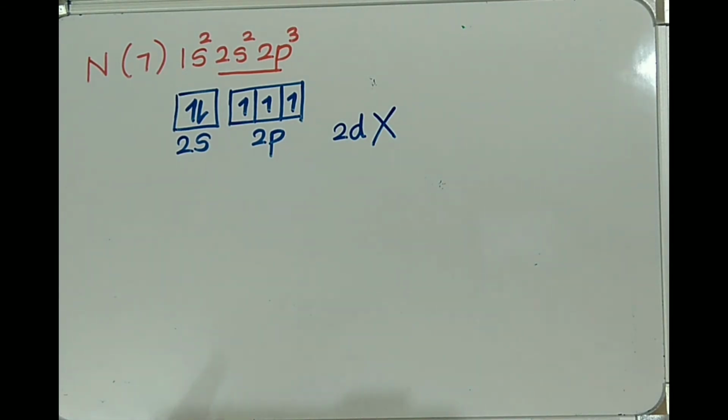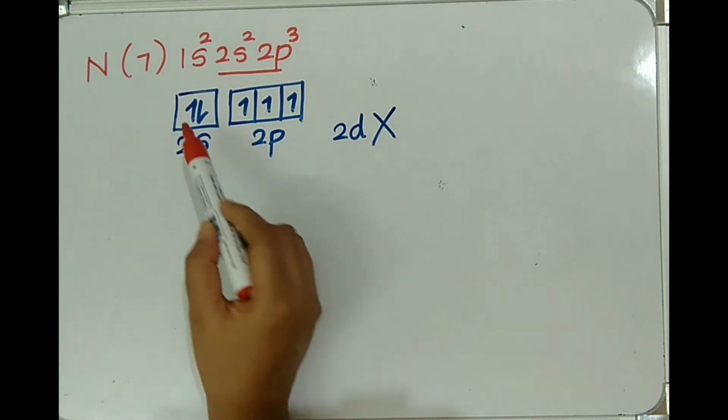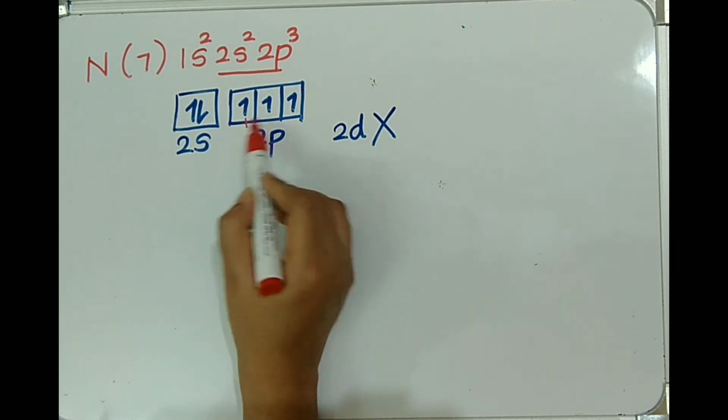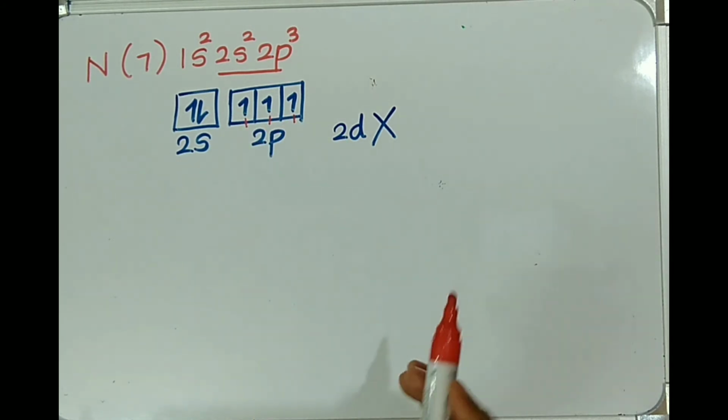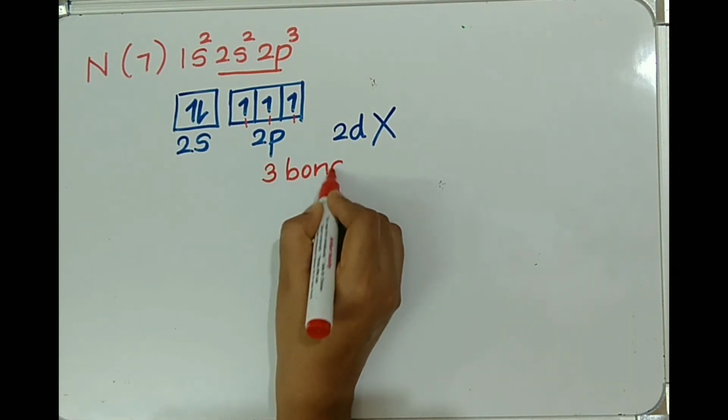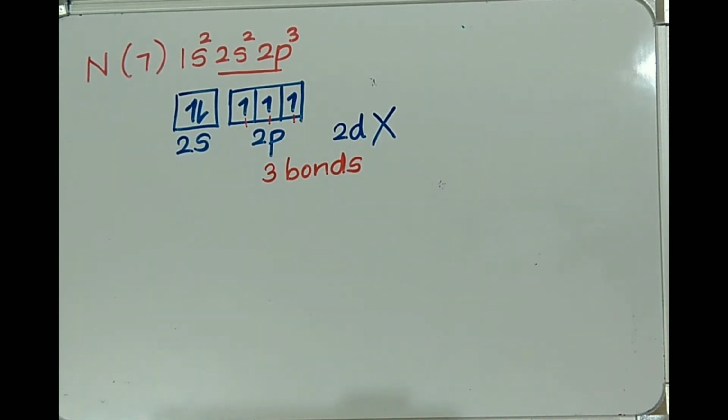So the electrons from the s orbital cannot be unpaired and they cannot jump to the higher energy level. So over here in s orbital they are paired up, but in p orbital they are not paired up. Correct? So they can form 3 bonds. So 3 bonds nitrogen can form.